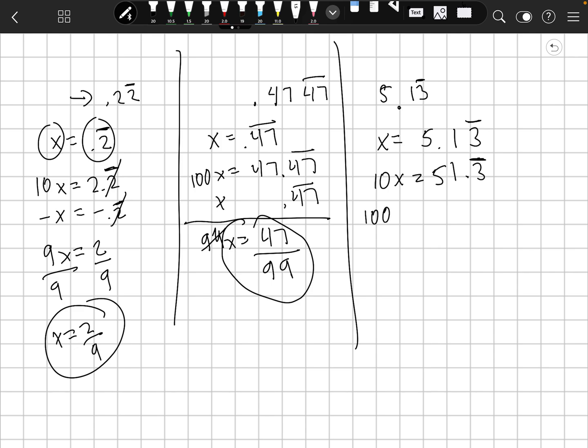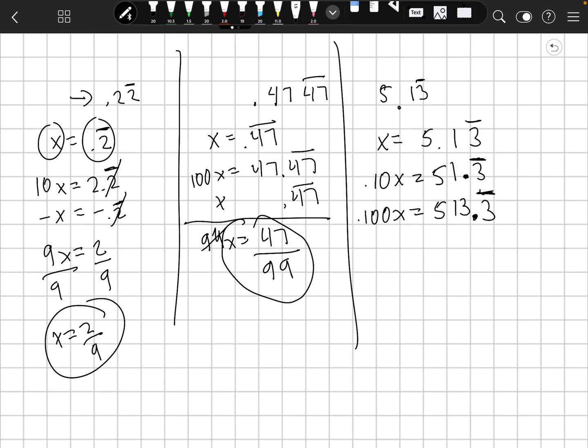And 100x equals 513.3 repeating. Okay, notice how multiplied up by tens each time, I'm kind of scooting over a decimal place. And it eventually gives me this 0.3 repeating and this 0.3 repeating in both the 10x and the 100x.